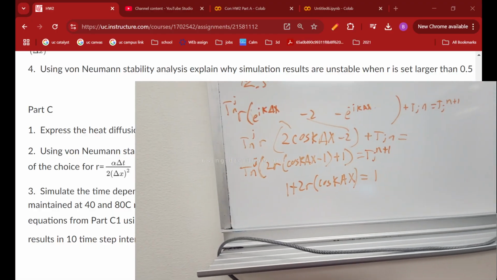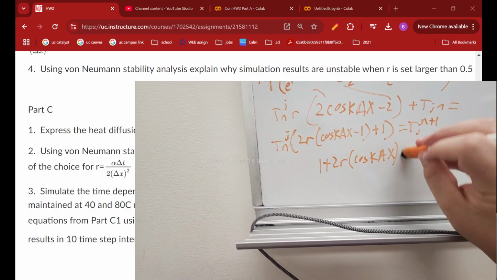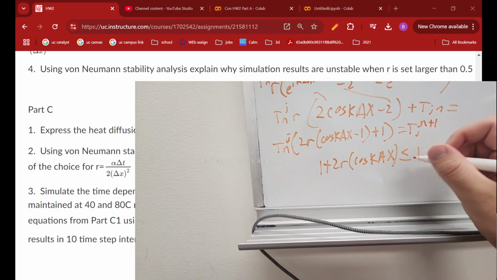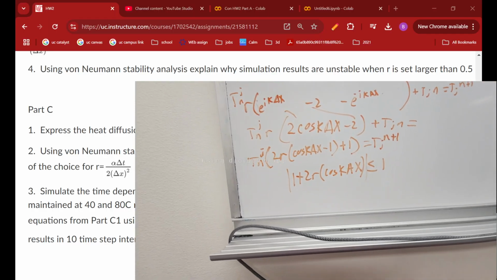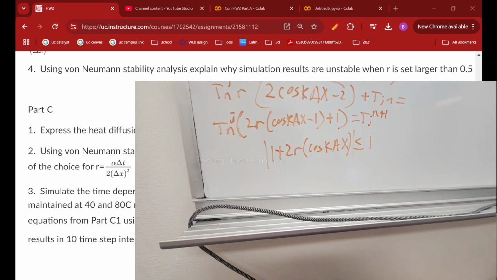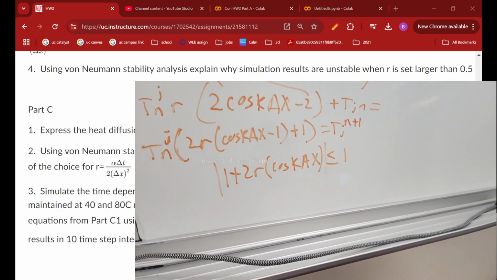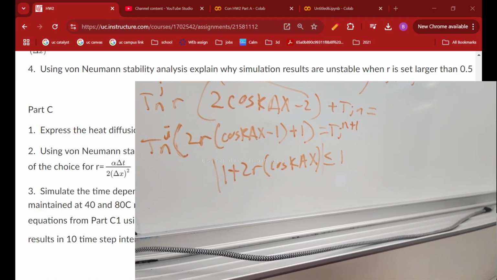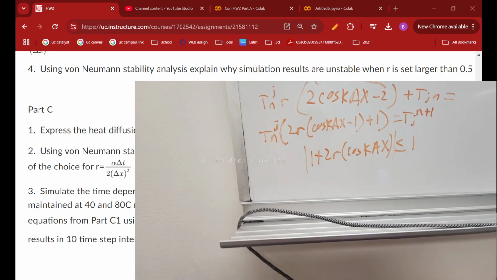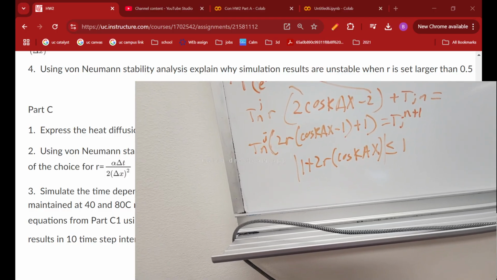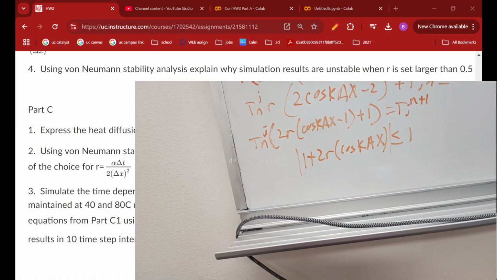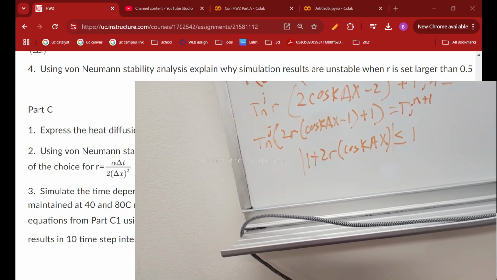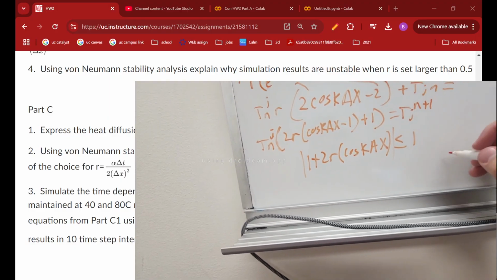it has to be less than or equal to 1. And then we can slowly do our math here with the 2 separate sides of positive or negative, if I remember how to do this properly.